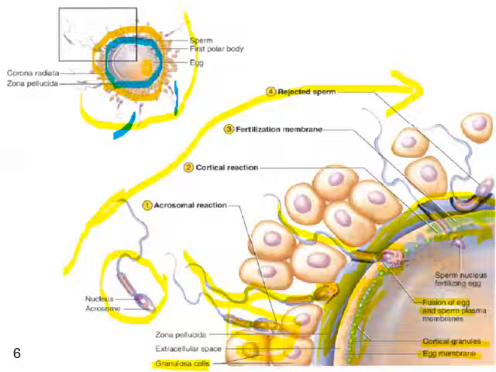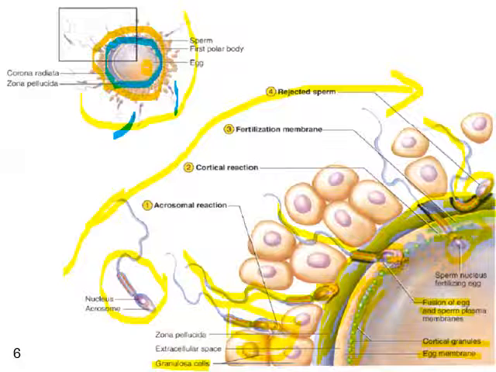It cannot be digested by acrosomal enzymes, and so any other sperm, this is an unlucky sperm that got there too late, is repelled by the impermeable zona pellucida. So the sperm that got in and fused, its nucleus is released into the oocyte.